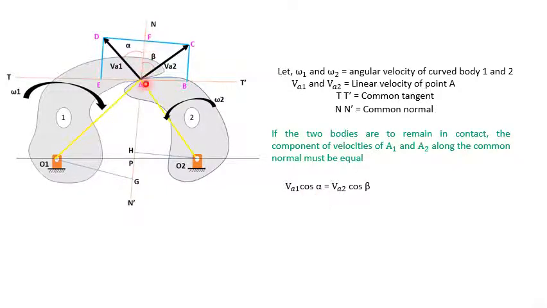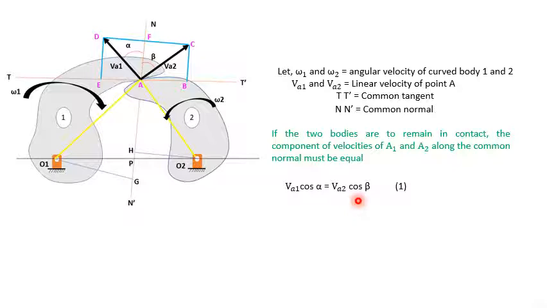If I consider AF belonging to the other triangle, that is AFC, AF becomes VA2 cos beta. Therefore both are equal, since AF is common for both the triangles. VA1 cos alpha is equal to VA2 cos beta. Call this equation number 1.